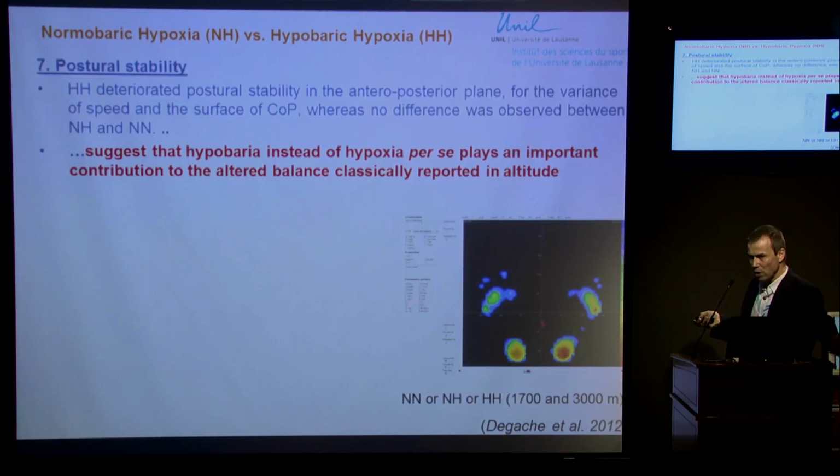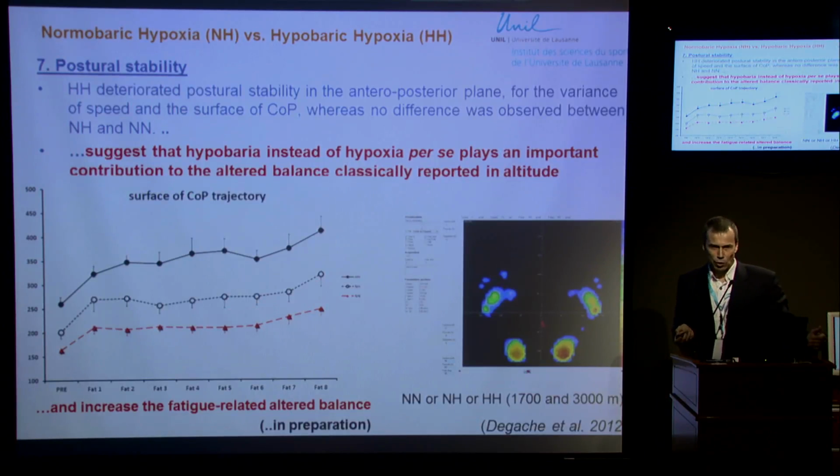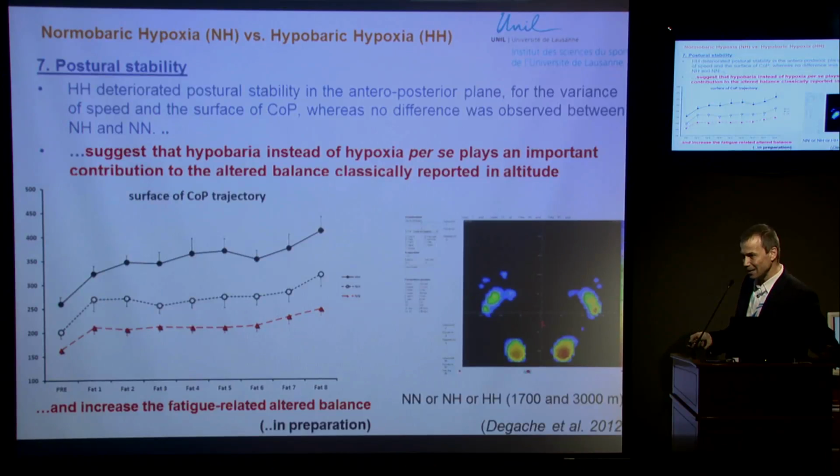Then we went one step further, and these data are not ready yet for publication, but we assessed if the detrimental effect of muscle fatigue would be different in hypobaric hypoxia, normobaric hypoxia, or normoxia. So we had eight 30-second fatiguing exercises of the plantar flexors, and we assessed the postural control.